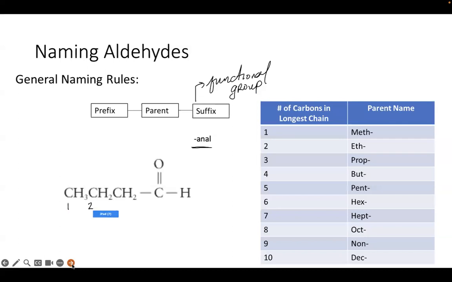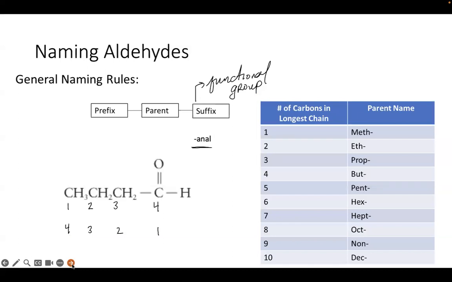First, we're going to count the carbons. I could count them right to left or left to right, and it's up to me to determine which is correct. When we have functional groups present that aren't alkanes, it's all about making the functional group the star of the show.